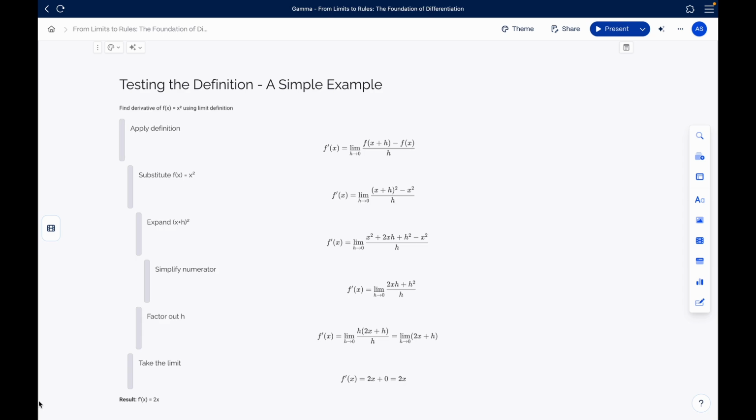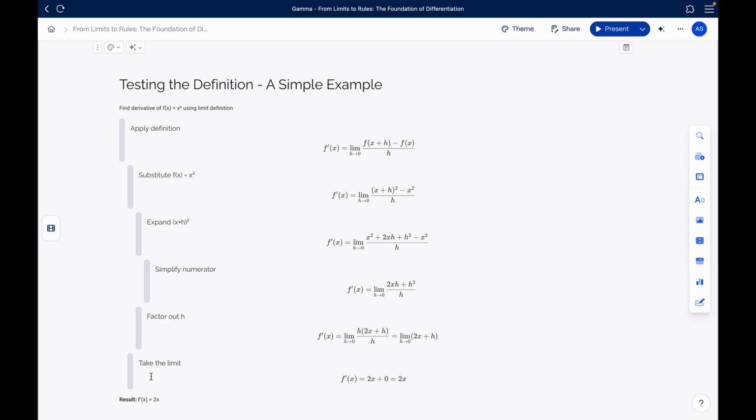Then f of x is equal to x squared, so x squared will replace the f of x, and then f of x plus h will be x plus h squared.